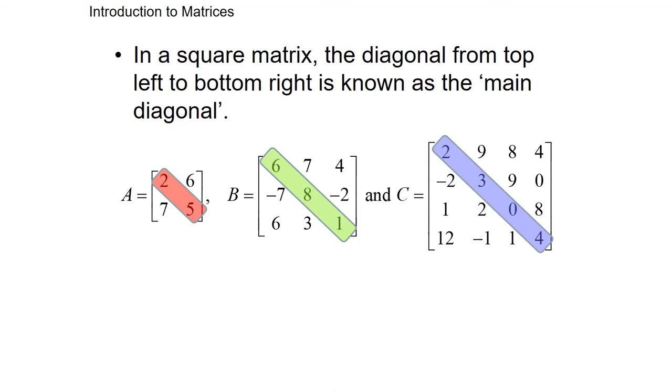For example, a square matrix has a diagonal. It has 2 diagonals, but the one running from top left to bottom right we call the main diagonal. We would also have, from top right to bottom left, another diagonal, perhaps a secondary diagonal.